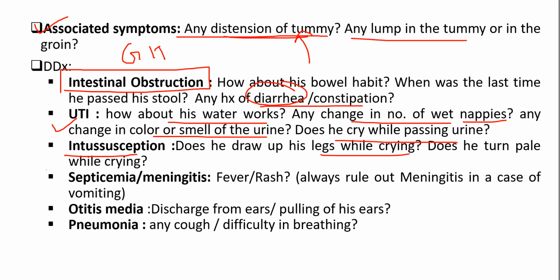And during those episodes, they draw their legs up to the chest as if they're in severe pain. So you can ask about any episodic screaming or crying, and if yes, then does he draw up his legs while crying? Does he turn pale or blue while crying? So that's the intussusception question.